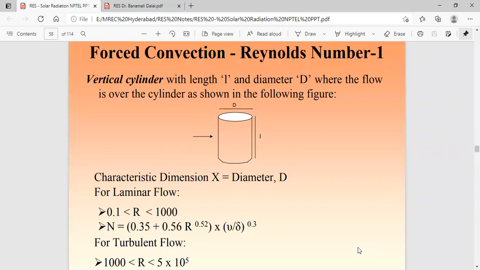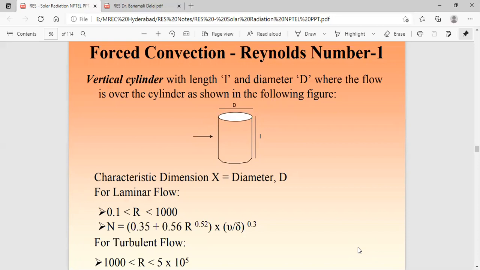Next is a vertical cylinder. So vertical cylinder with length L and diameter D, where the flow is over the cylinder as shown in figure. The characteristic dimension x is equal to diameter D. For laminar flow, Re is greater than 0.1, less than 1000, Nu is equal to 0.35 plus 0.56 Re power 0.52 into (V/δ) power 0.3.